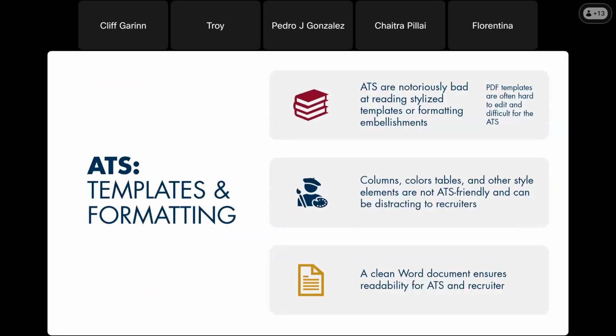Now, when we're talking about templates, Jalen, as you mentioned, and formatting, you want to be sure that whatever you're using does not have a lot of over-stylized elements on the document. Like I said, big bands of color. Everything in all caps. And I've seen that before.